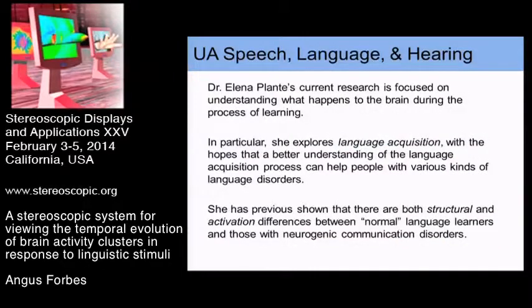So just a little background about the Speech, Language, and Hearing Lab. Dr. Plante's current research is focused on understanding what happens to the brain during the process of learning. And in particular, she explores, as I said, language acquisition, with the hopes that by understanding language acquisition better, potentially she or the researchers could help people with language disorders.